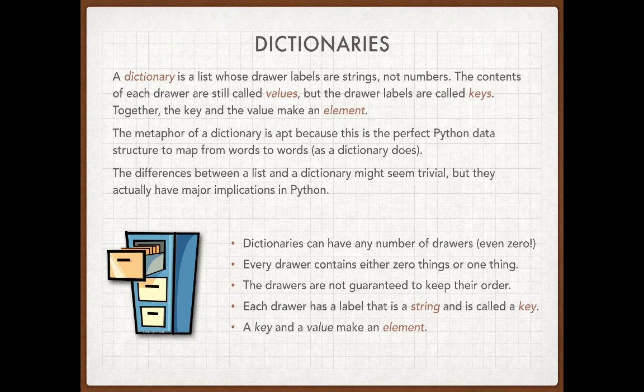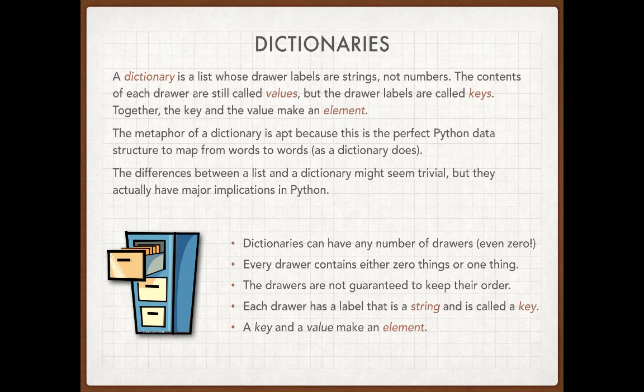But here's the catch. The drawers are not necessarily guaranteed to stay in the same order. And what that means is that we give Python permission under the hood to reorganize the dictionary in a way that makes sense for Python. And that's okay. There are some consequences to that are actually really beneficial for us.